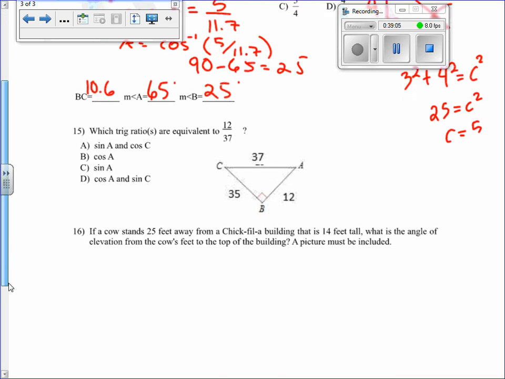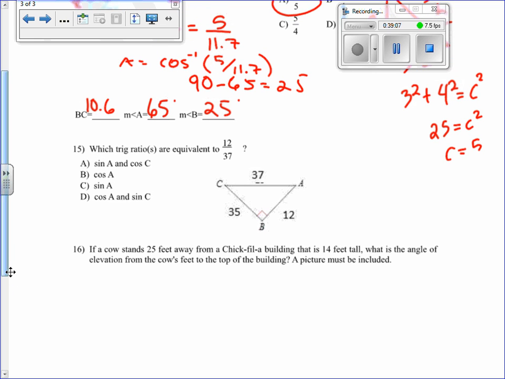Okay, number 15. Which trig ratios are equal to 12 over 37? So this is just another one where you had to remember the relationship. So like, it's D, okay? So what's the cosine of A? If this is A, cosine is going to be adjacent over hypotenuse, so that's 12 over 13. 37, thank you.